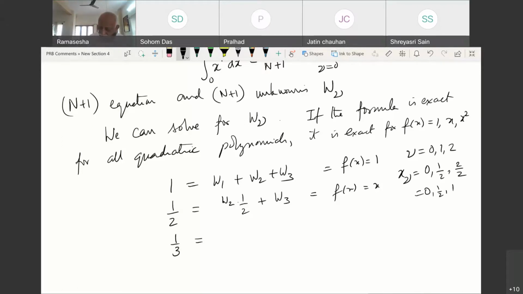Okay, so what we get here is W2 into what is 1/2 squared? 1/4 plus W3 into 1 is equal to 1/3. Right? So what do I get?